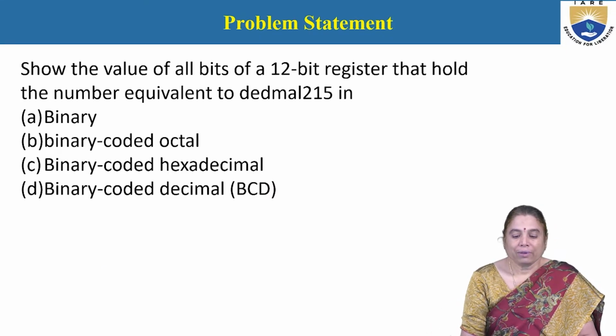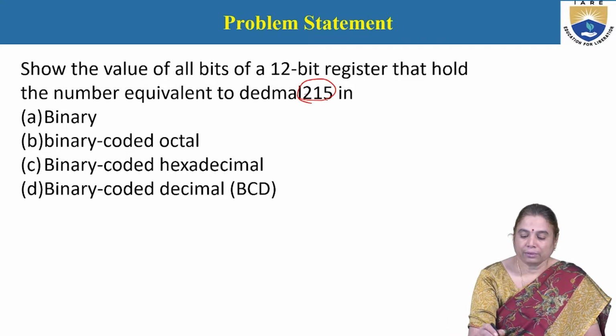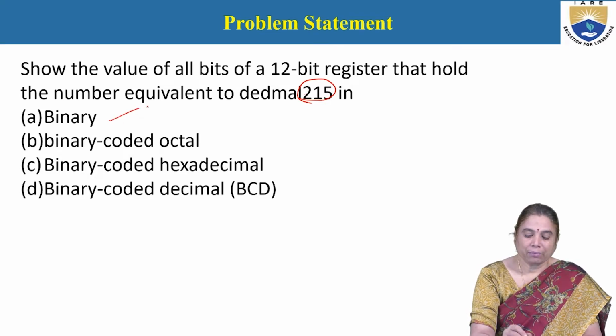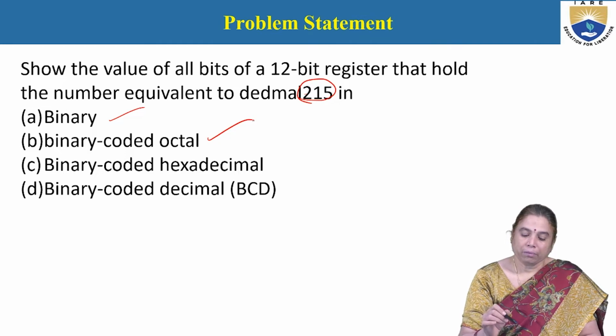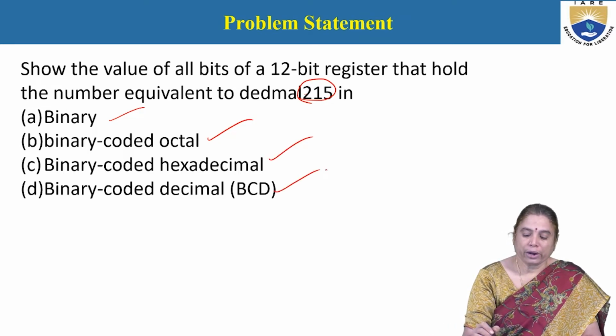Next, show the value of all bits of a 12-bit register that holds a number equivalent to 215 in decimal form.